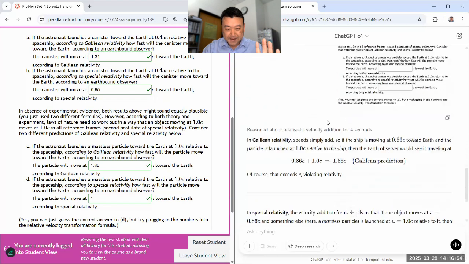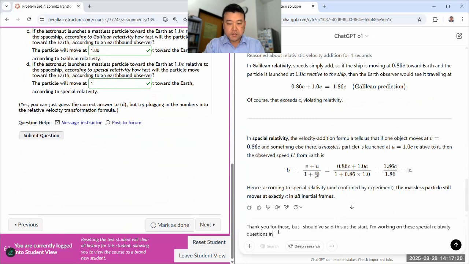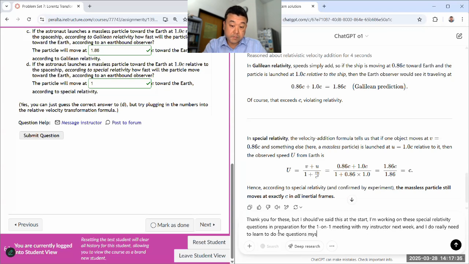So here, let me stop doing the thing that I shouldn't be doing and let me tell ChatGPT to actually help me. So thank you for this. But I should have said this at the start. I'm working on these special relativity questions in preparation for the one-on-one meeting with my instructor next week, and I do really need to learn to do the questions myself.